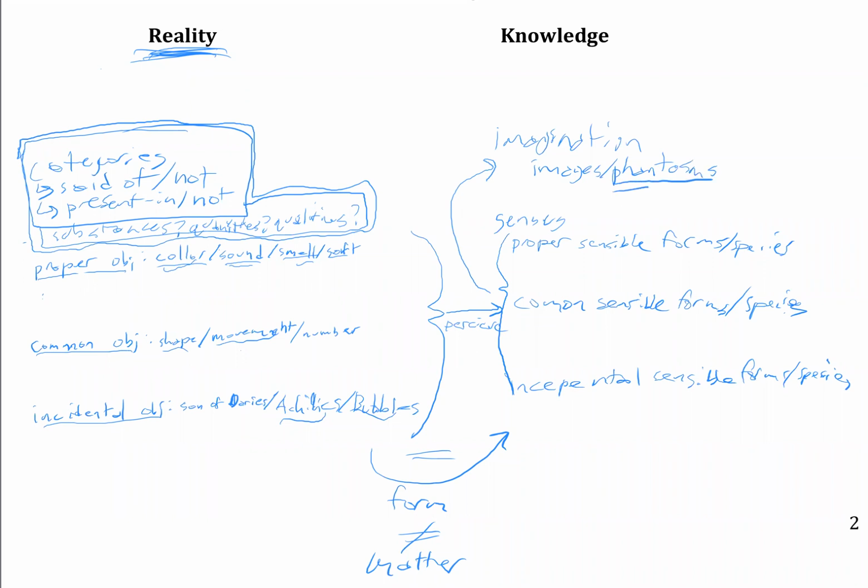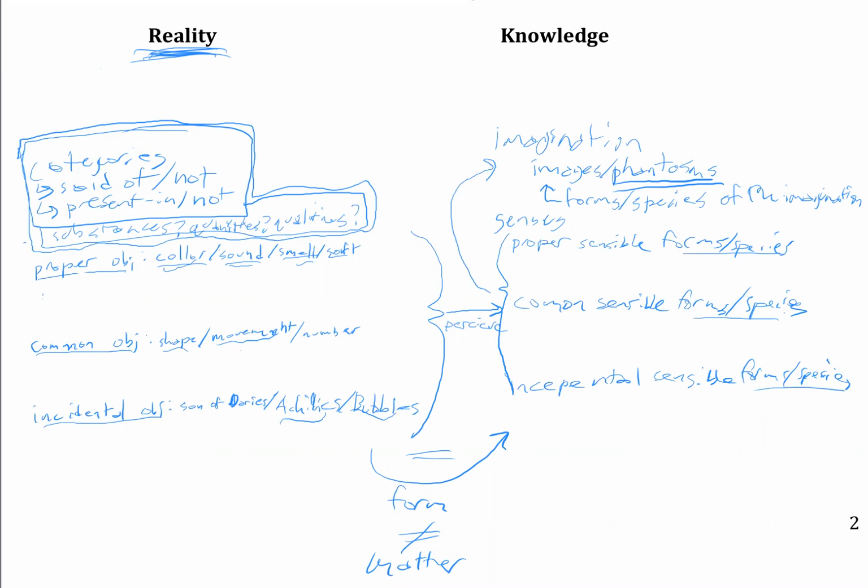So those are going to be the forms, or species, of the imagination. And so there's a kind of transfer of form from these sensible forms or species down in sensation.